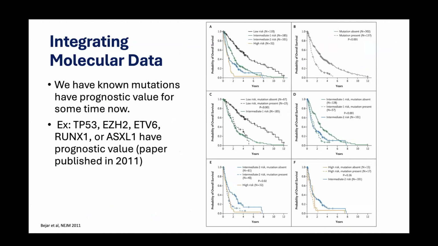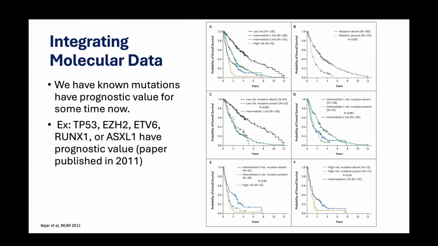So if you look back at this figure, which is a lot, I'm going to walk you through the key things here. Even back in 2011, when we didn't have all the panels and all the abnormalities, we knew that having mutations can be prognostic. In the figure right up top, it's showing you that same figure in a little more detail, where low, intermediate, and high risk patients separate out. The low risk are the black line on the left top, and the high risk are the yellow line.